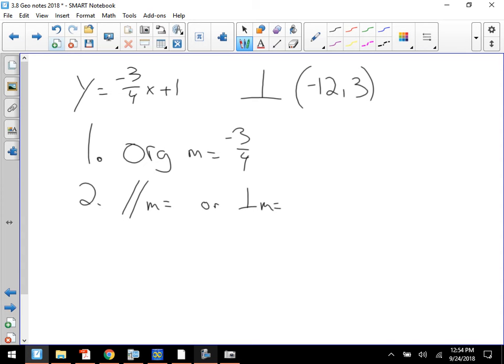Change the sign, flip the fraction. So you get 4/3 then for your slope. And now again, go to point slope.